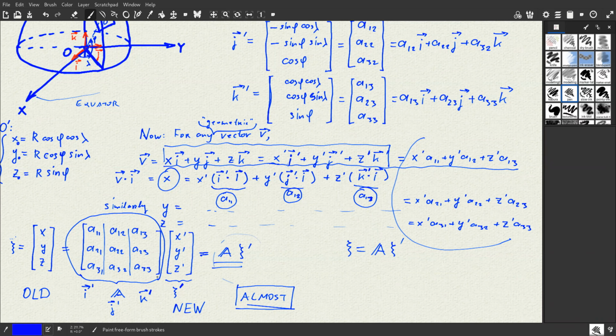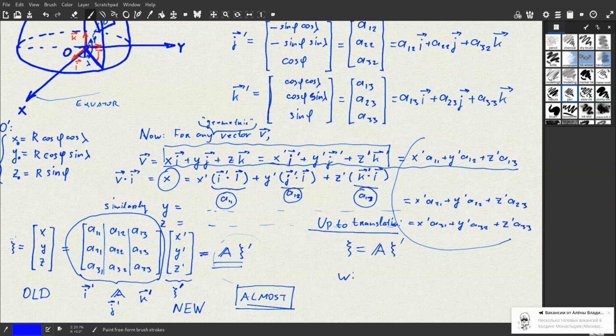Translation. Translation is missing. You're absolutely right. So we would say up to translation, if we really identify the origins O and O prime, then yes.